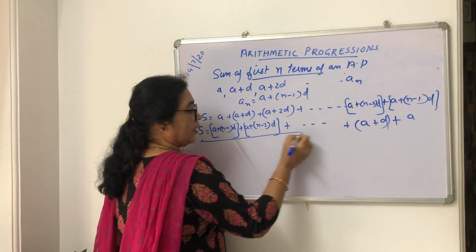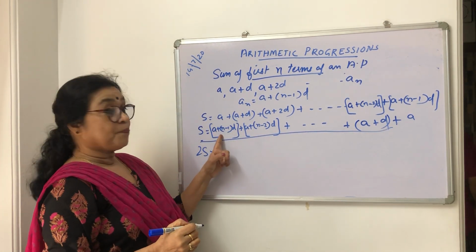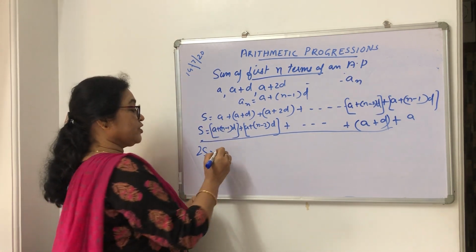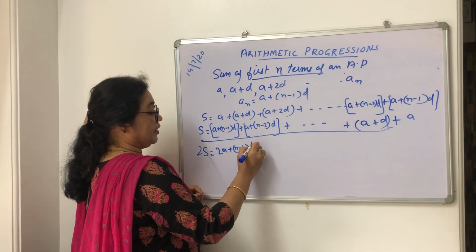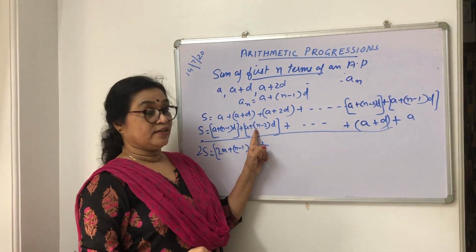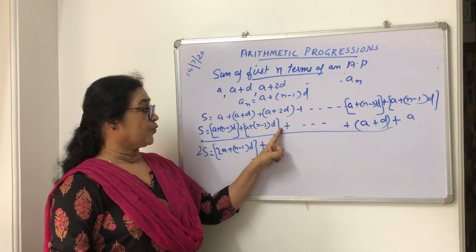So now I am going to add these. S plus S is 2S. A plus a plus n minus 1 into d: a plus a is 2a plus n minus 1 into d. Plus this one also, you see here, this is a plus d, this is a plus n minus 2 into d.